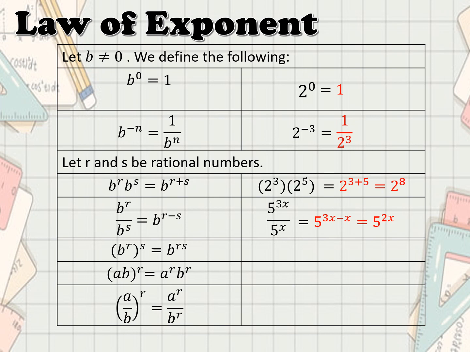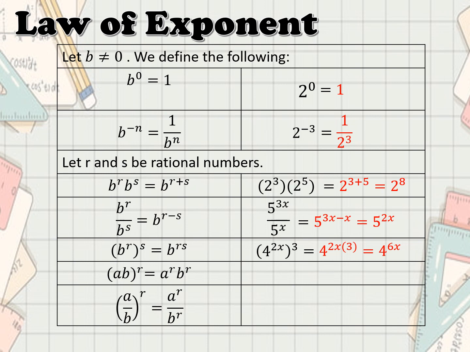Okay, next is the power of a power rule. When there are two exponents, for example, b raised to r raised to s, you multiply r and s. For example, we have 4 raised to 2x raised to 3. We multiply 2x by 3, which is 6x. So, it becomes 4 raised to 6x.